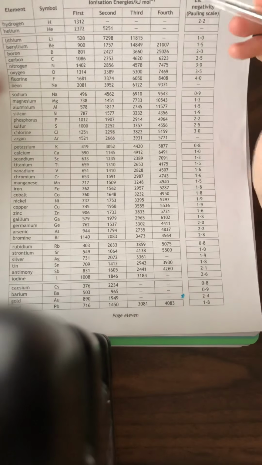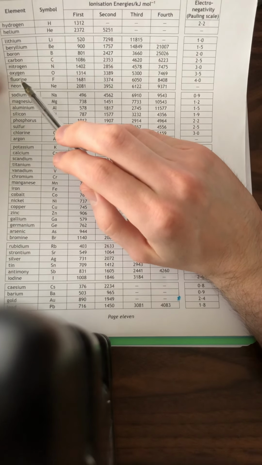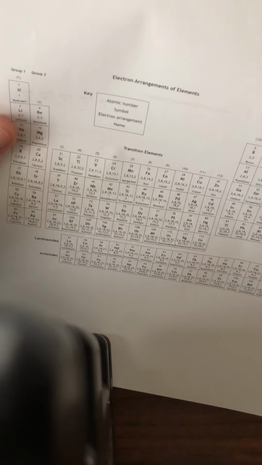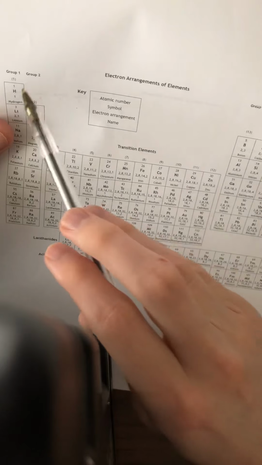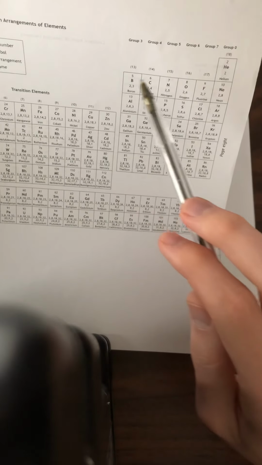Okay, so we'll go for period 2, so that's lithium, beryllium, boron, carbon, nitrogen, oxygen, fluorine, neon. That's going across the way. If I just get the periodic table out, so lithium, beryllium, boron, carbon, nitrogen, oxygen, fluorine, neon.